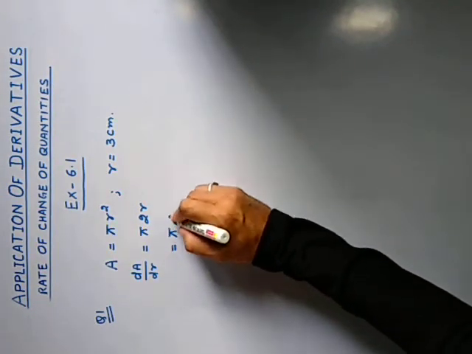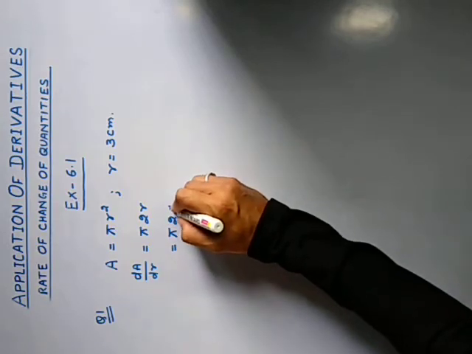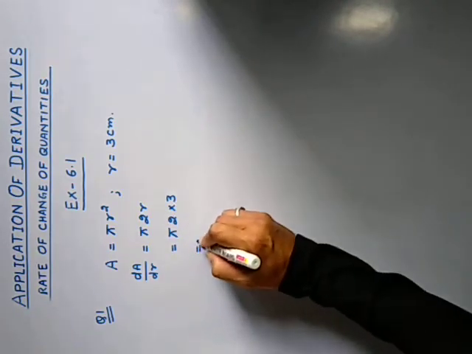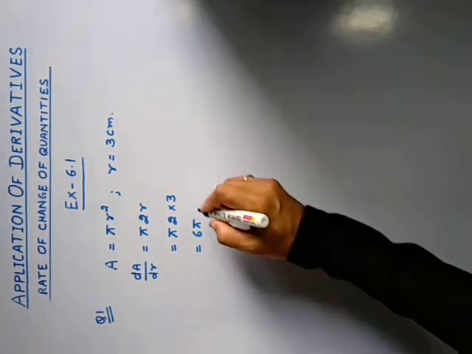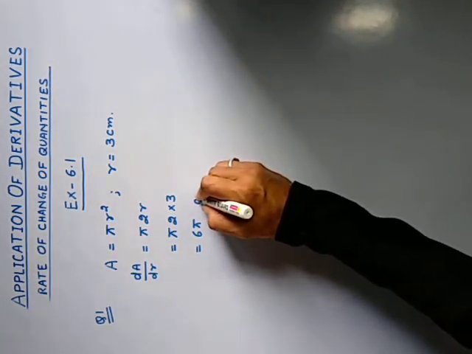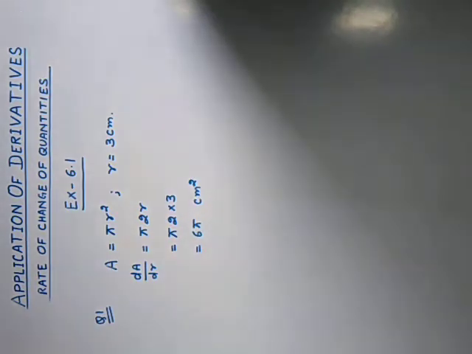Now pi into 2 and radius is given 3, which equals 6 pi centimeter square. So this is the rate of change of area with respect to radius.